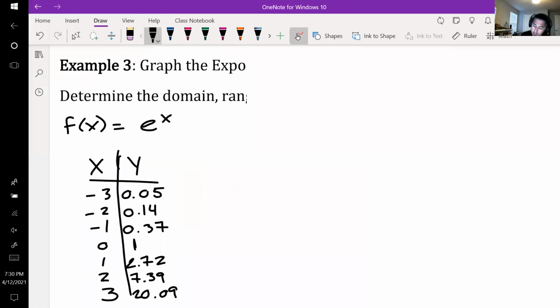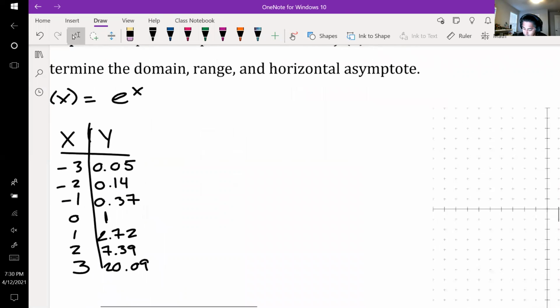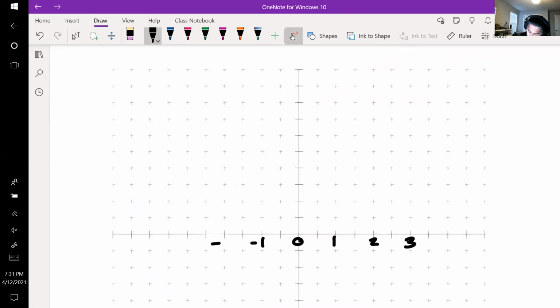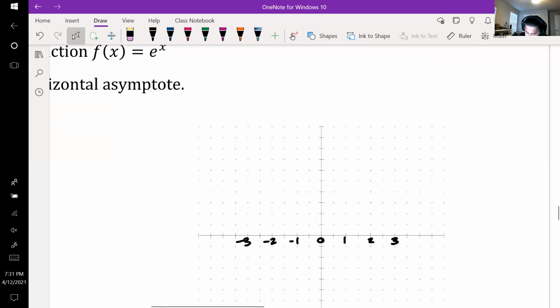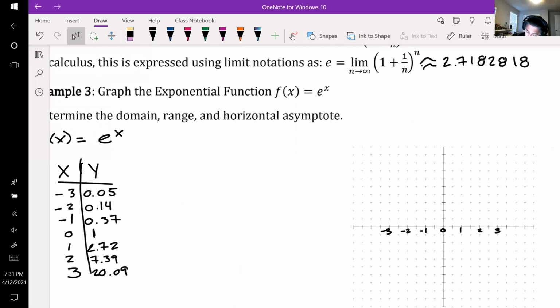Let's go ahead and graph it. Again, I can make my intervals appropriate: 0, 1, 2, 3, -1, -2, -3. And then from my XY chart, I have -3 and 0.05, basically almost touching the x-axis right there.